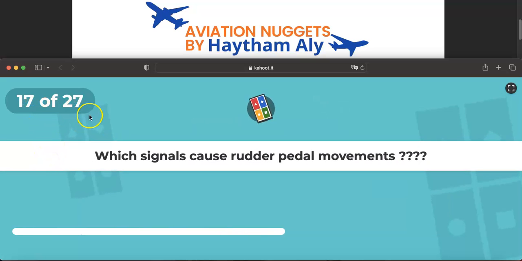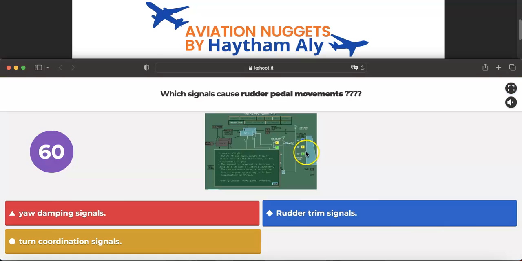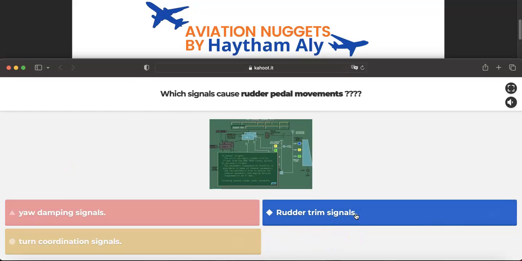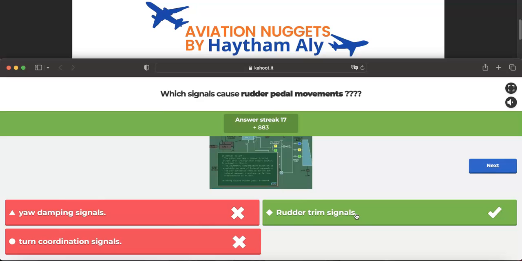Question 17 of 27. Which signals cause rudder pedal movement? Rudder trim signal, yaw damping signal, or turn coordination signal. Only the rudder trim signal causes rudder pedal movement.